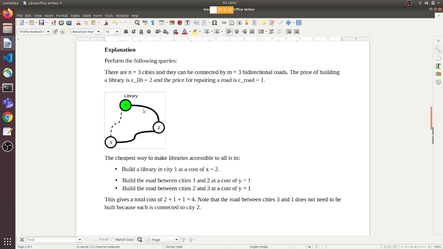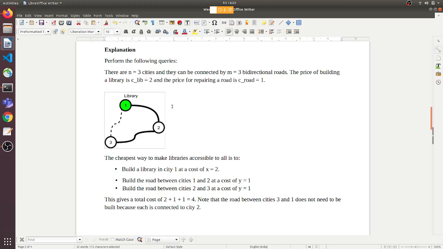So if you build a library in, say, city 1, then that cost is 2. Then you can build 2 roads, either 1 to 2, then 2 to 3. That will add 2 more units, 1 unit for 1 to 2, then 1 unit for 2 to 3.